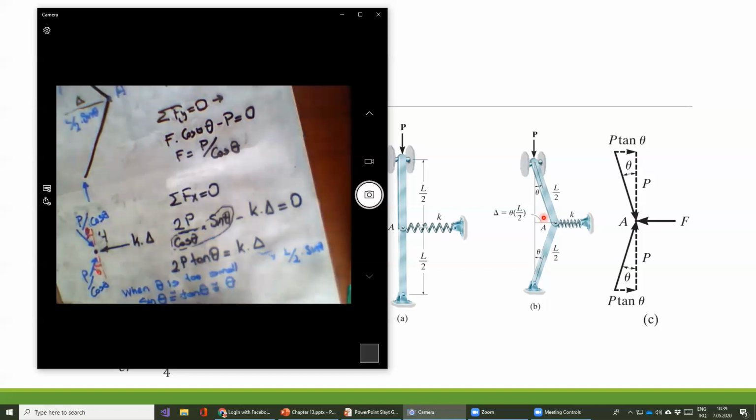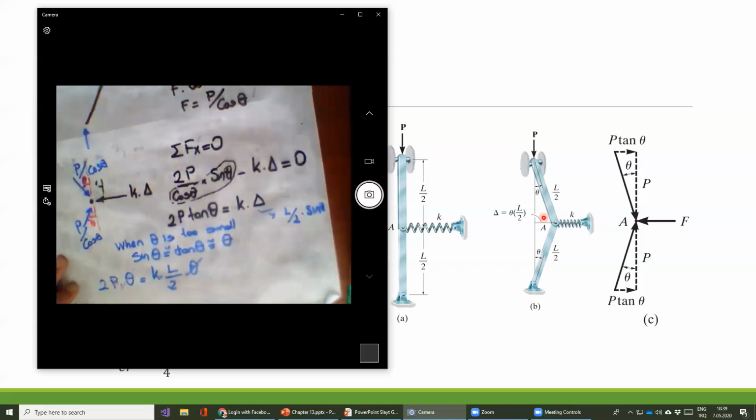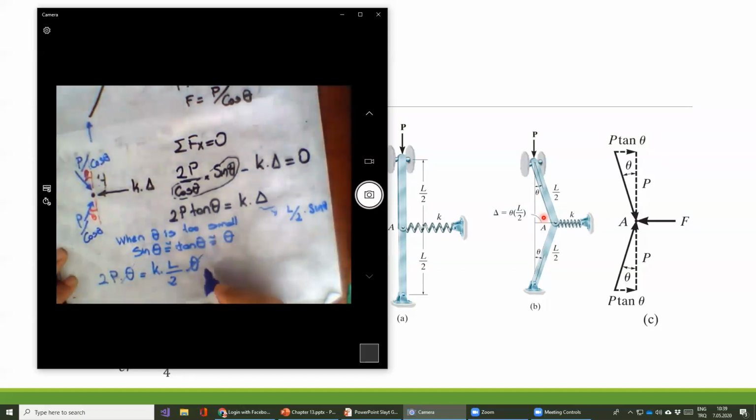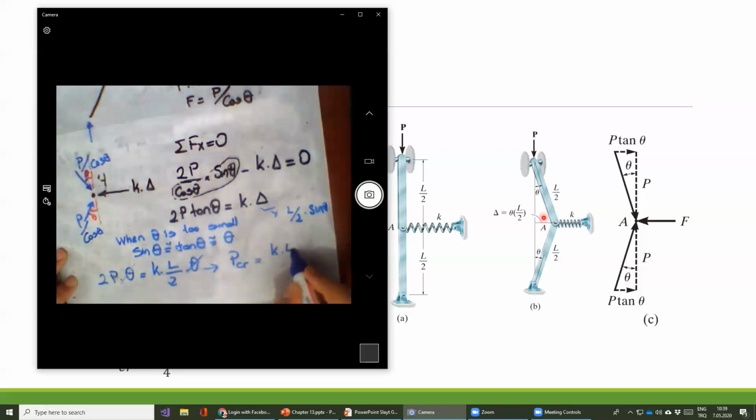You know, we can eliminate the two theta terms. So we obtain that P, we call this P critical, is equal to k times L divided by 4.